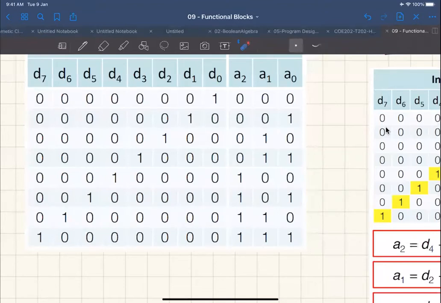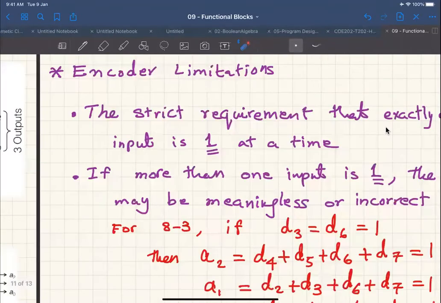So what does this mean? It means that our encoder is lying to us, because in fact, it was only D6 and D3 that are 1. It is telling us that D7 is 1, but this is not the case.